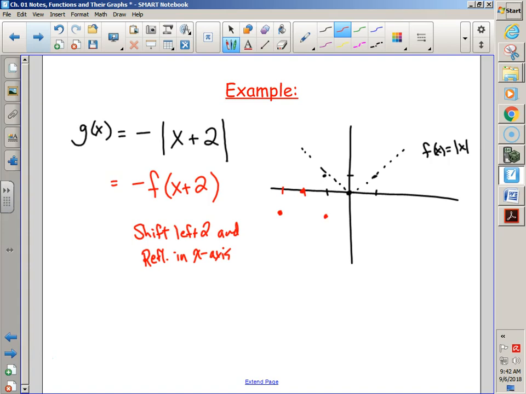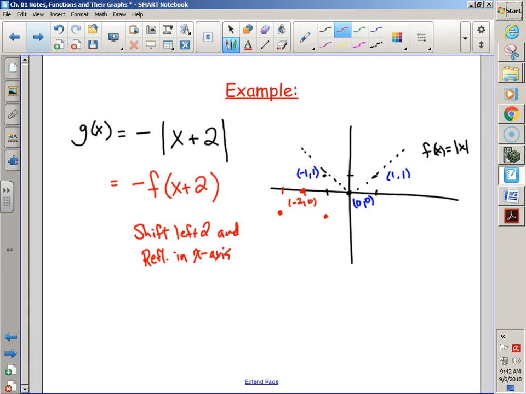If you want to think about it, you can once again use your points. You have 1, 1, 0, 0, negative 1, 1. If I'm vertical flipping, what I'm doing is changing the sign. So in my new one, I'm still going to have 0, and 0 minus 2 would be negative 2, and 0 times a negative is still 0.